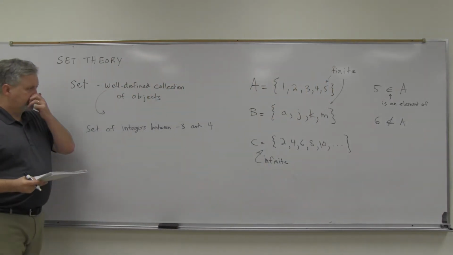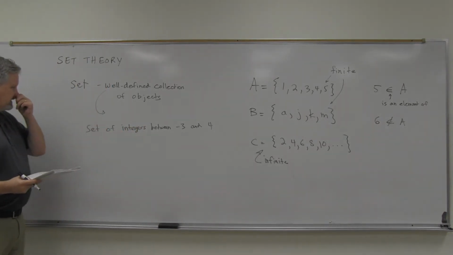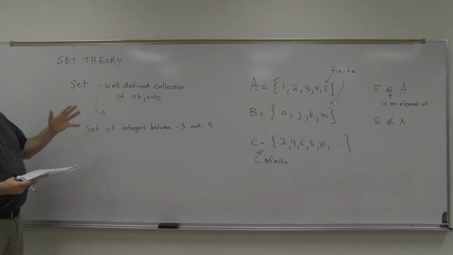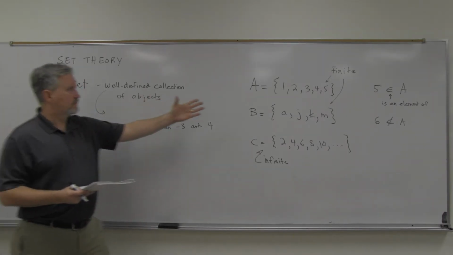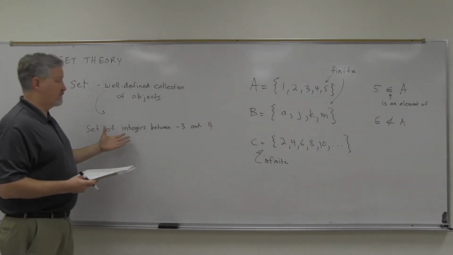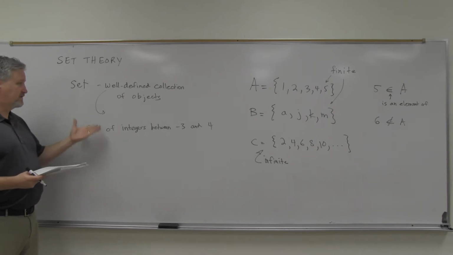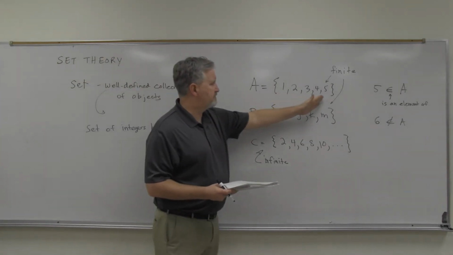Okay? Now, what I've got here are two ways of describing sets. This, of course, is our listing-it-out method. This is more of a word description, right? Set of integers between, and like here we could say this is the counting numbers up to 5.